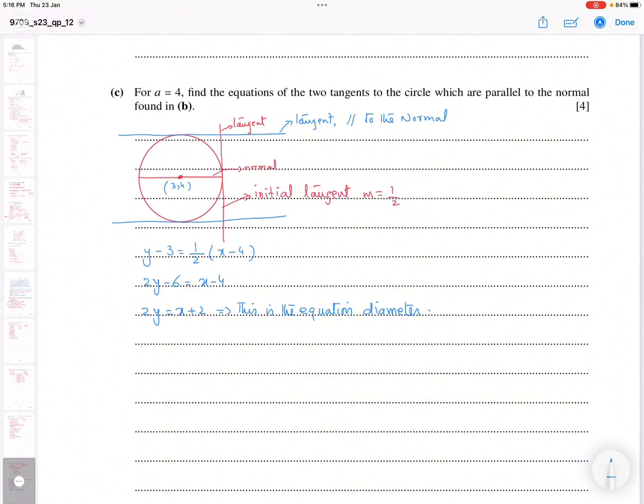If I divide by 2, the coefficient of y, on the other side, x plus 2, so my equation will finally look like this: y equals 1 by 2x plus 1. Okay, now write down the equation of the circle, plus (y minus 3) whole square is equal to 0. And now put the value of this y here in the equation of the circle.